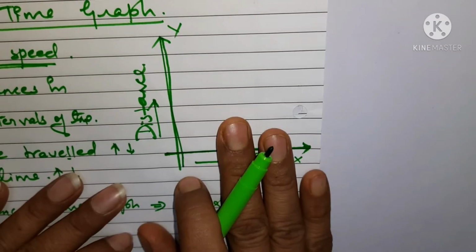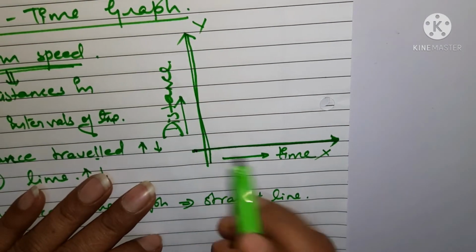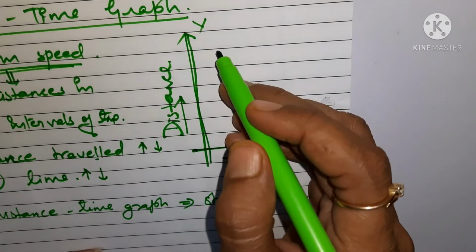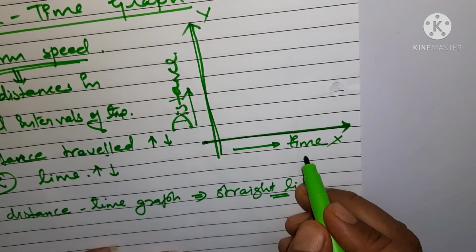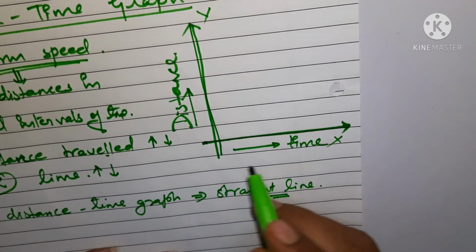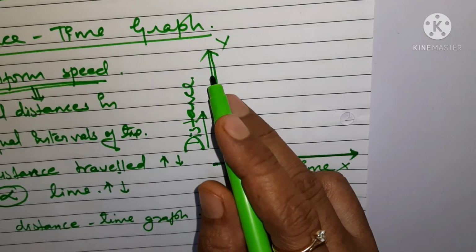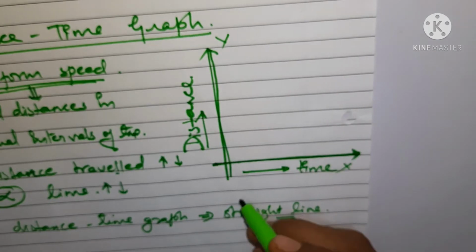Now let us draw the graph. When we consider a graph, we have two axes: the x-axis and the y-axis. Time is shown on the x-axis, and distance is shown on the y-axis. This is the origin.